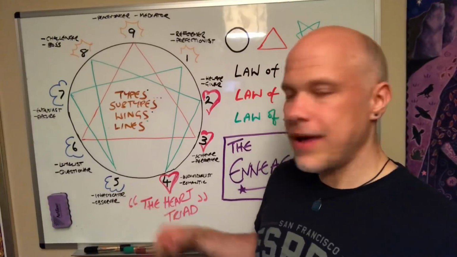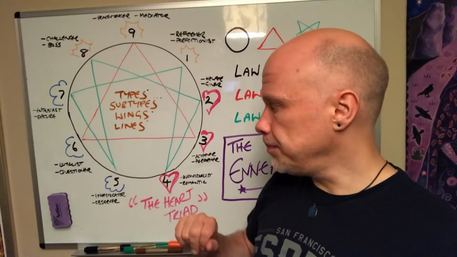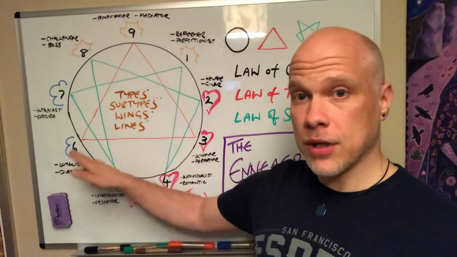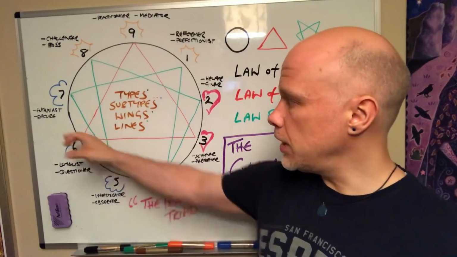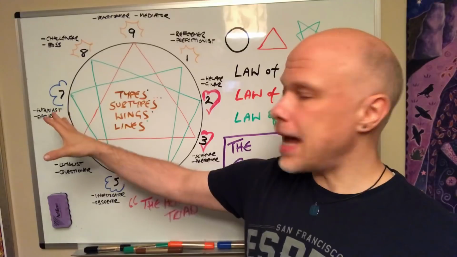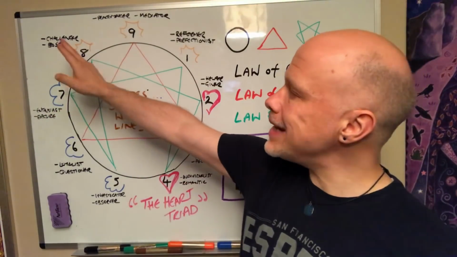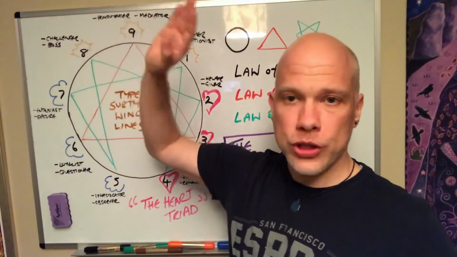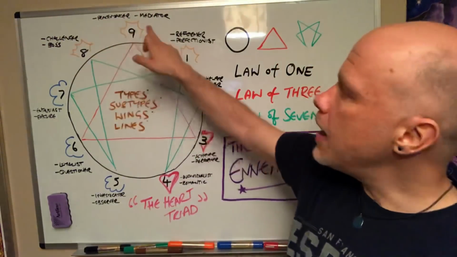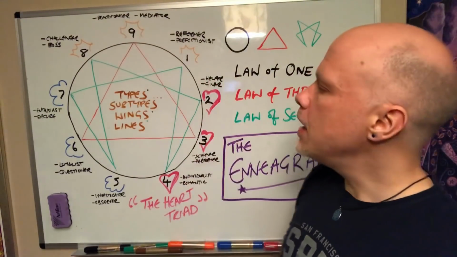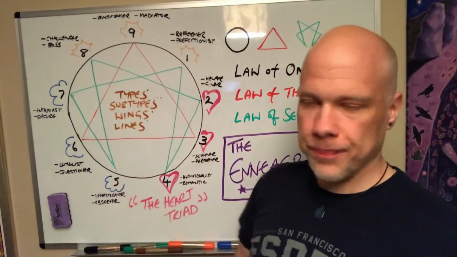Number 5 is the investigator or the observer. Number 6 is the loyalist or the questioner, sometimes called the skeptical loyalist, which kind of combines those. Number 7 is the enthusiast or the epicure, sometimes called the specialist. Number 8 is the challenger, the boss, leader sometimes. And then number 9 is the peacemaker, the mediator. So those are the types.